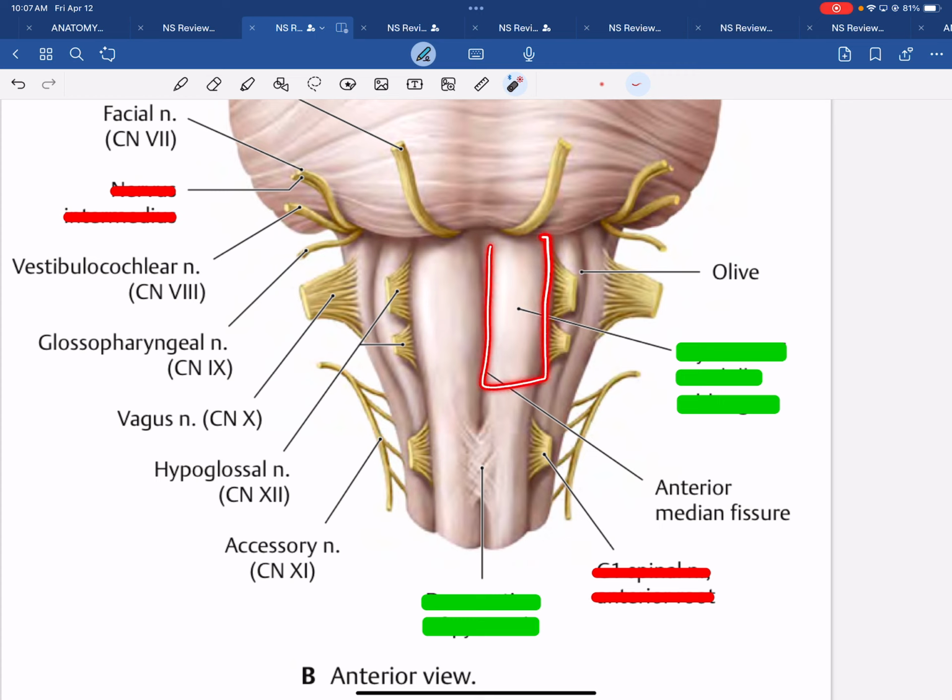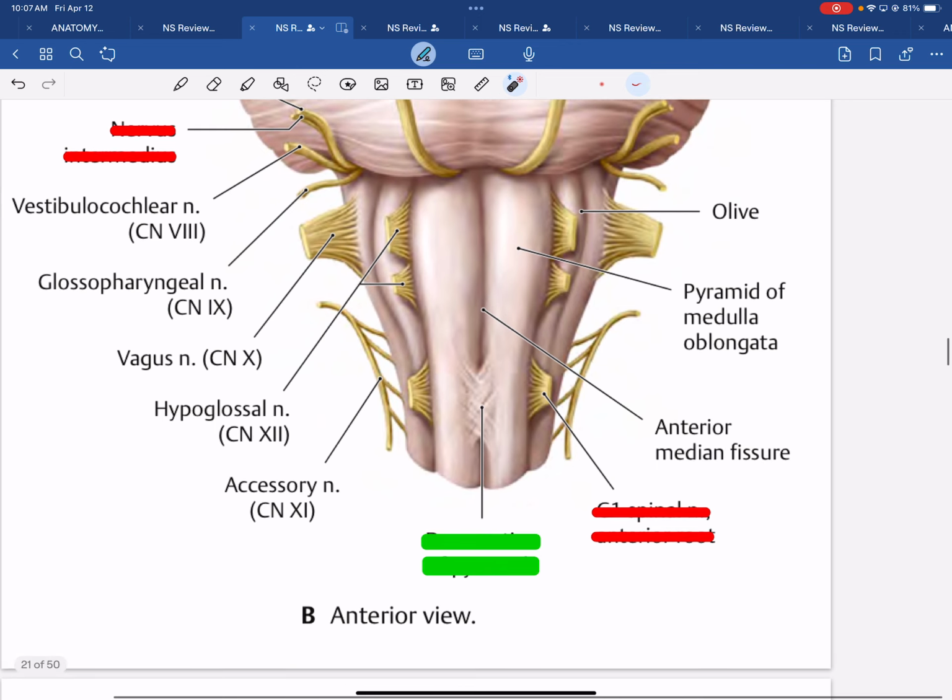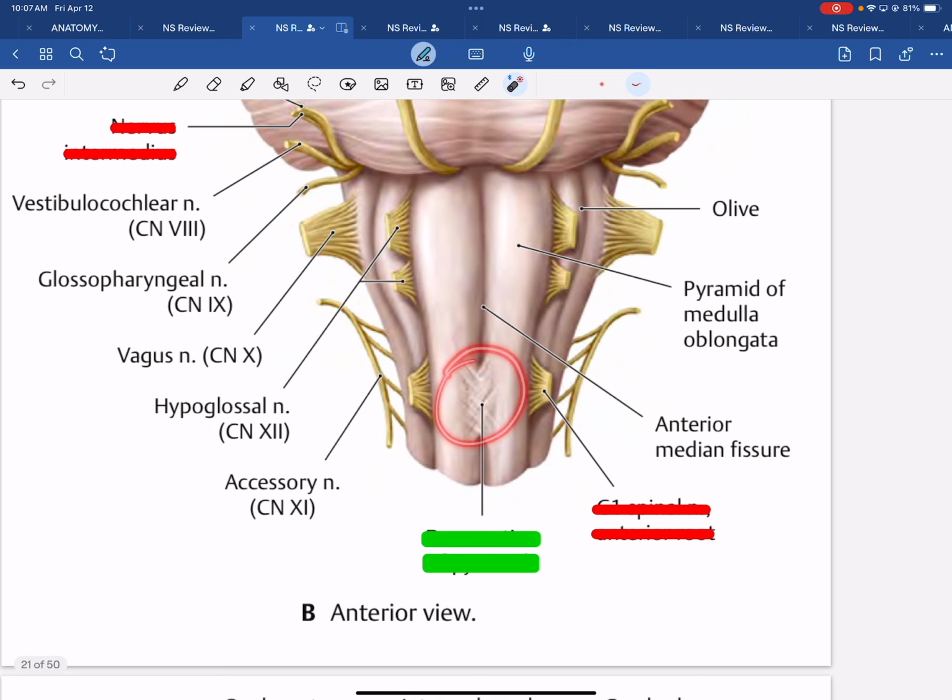What is this? Good. The pyramid. Okay, what's the function of the pyramid? Okay, contains somatic motor tracts. Allows for, what is this? Decussation of the pyramids.